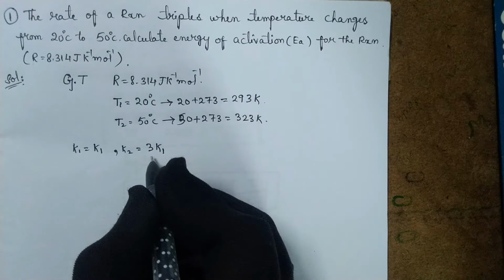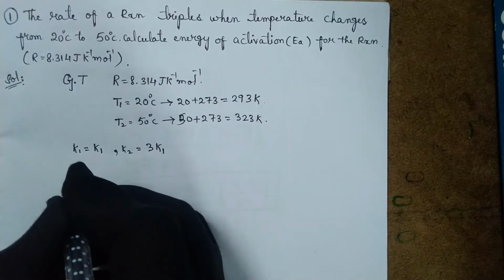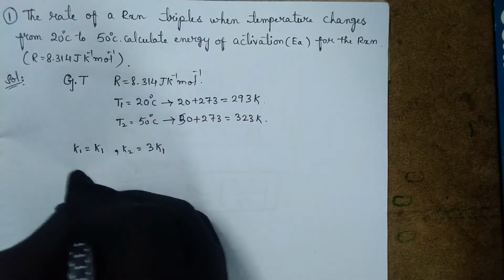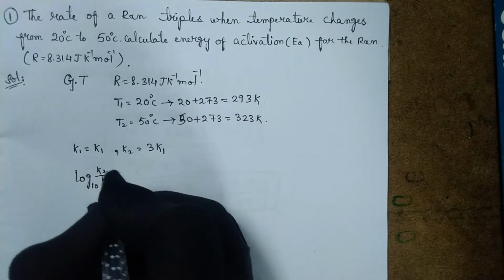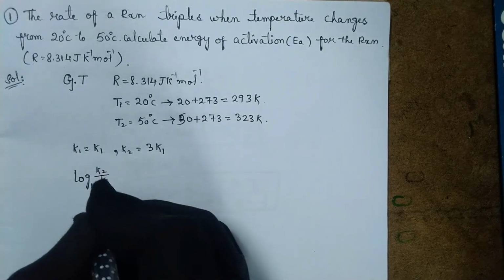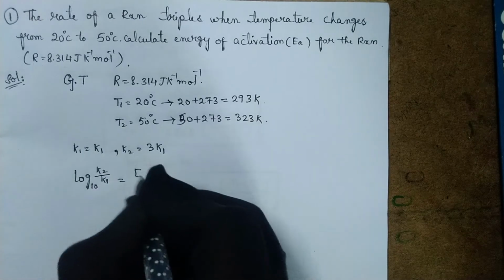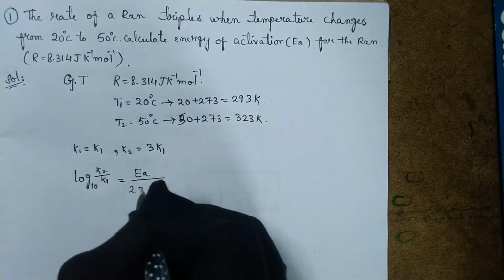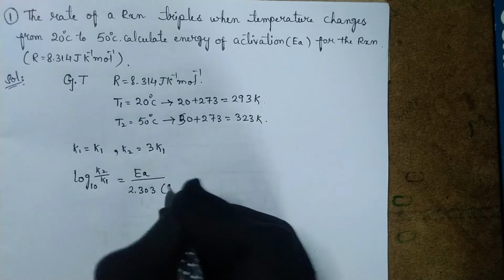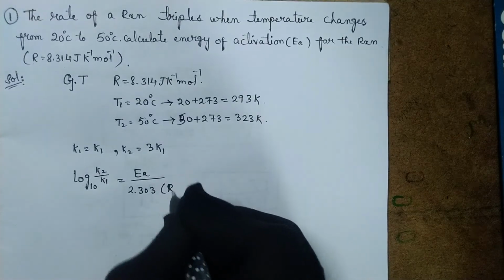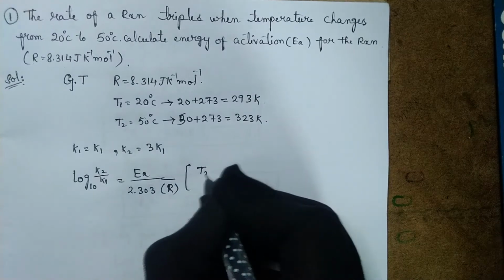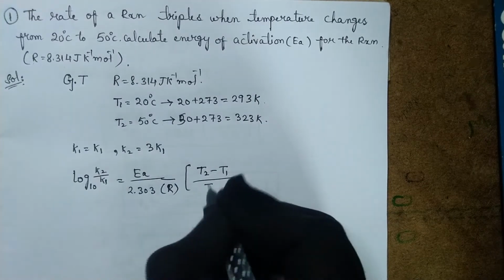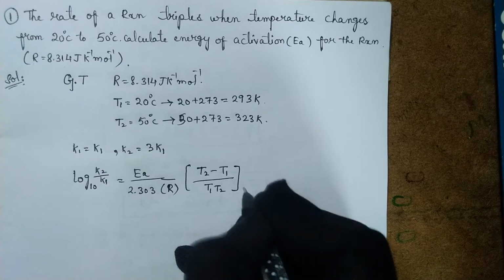Now substitute these things in our Arrhenius equation, that is log K2 by K1 to the base 10 is equal to EA by 2.303 into R into (T2 minus T1) by T1 into T2, right?